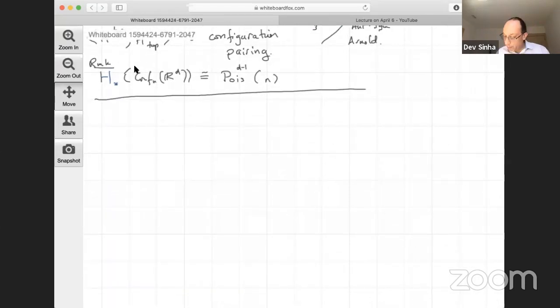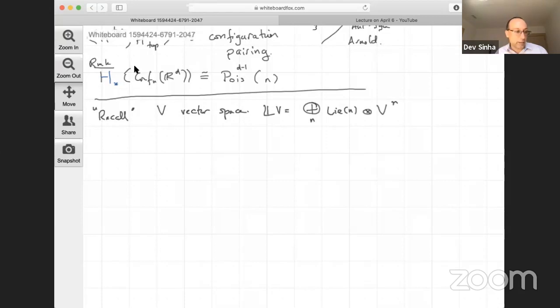So recall that there's a way you can make a free Lie algebra. So if V is a vector space or a free module, then LV, the free Lie algebra on V, is isomorphic to the direct sum of these Lie(n) tensor V to the n, because you can just take V1 bracket V2, V3 bracket that, V4, V5.